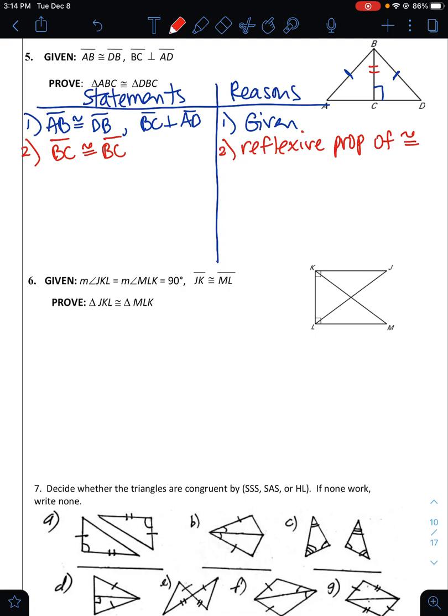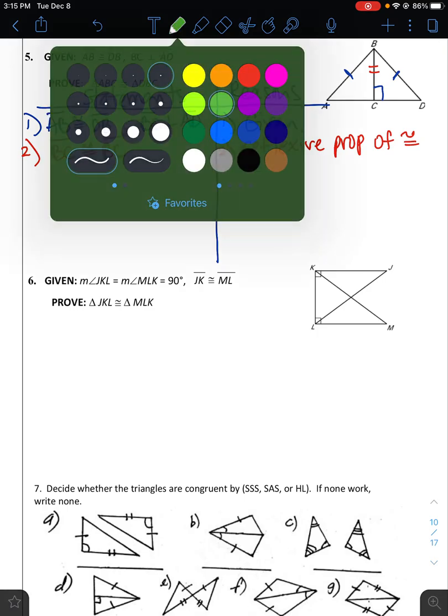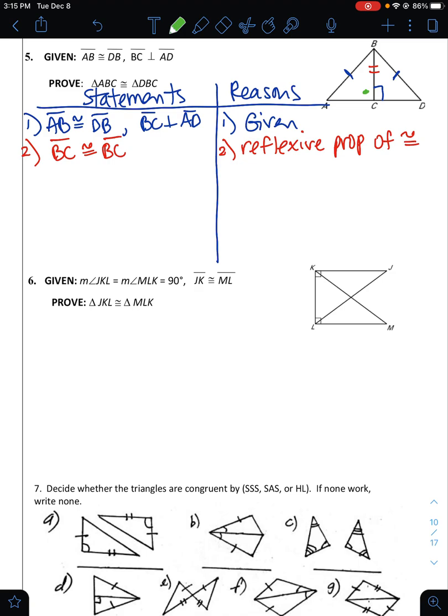Okay. Now, thinking ahead to SAS. Do I think I can get to SAS? So I know here, I'm going to mark a little and then do some erasing. I know that these two angles are both 90. And I know two 90-degree angles are the same.